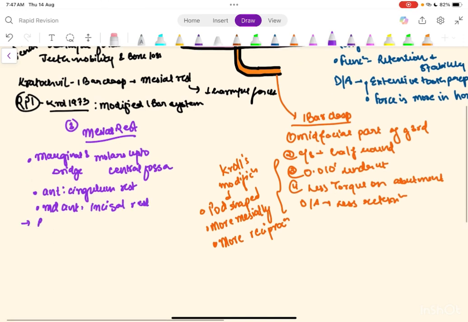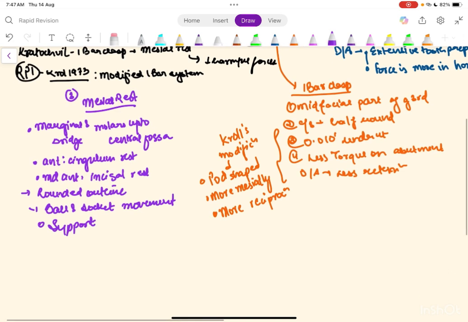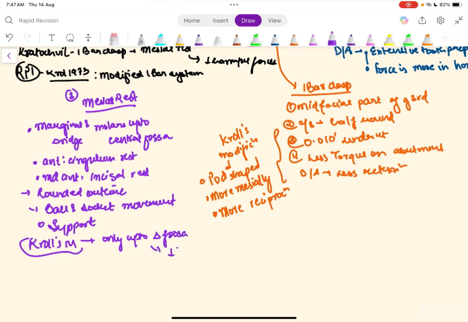It should have a rounded outline and basically allow a ball and socket movement. Its function is support. Here also Kroll had a modification in which he said we can only extend it up to the triangular fossa so that there is decreased tooth preparation.